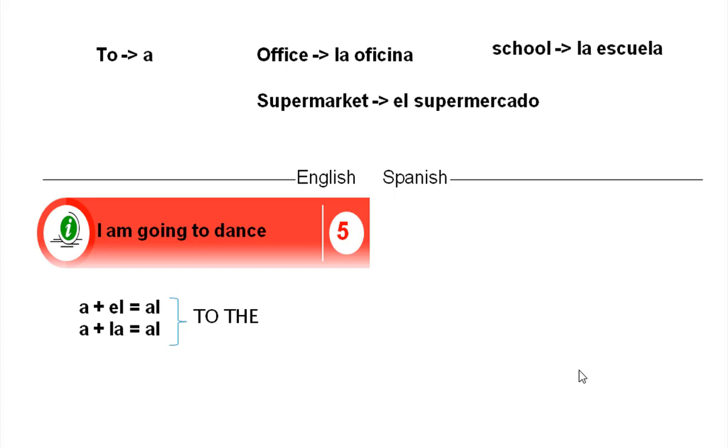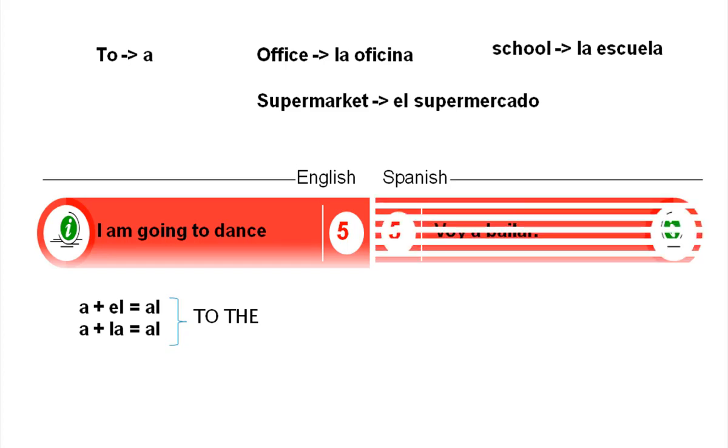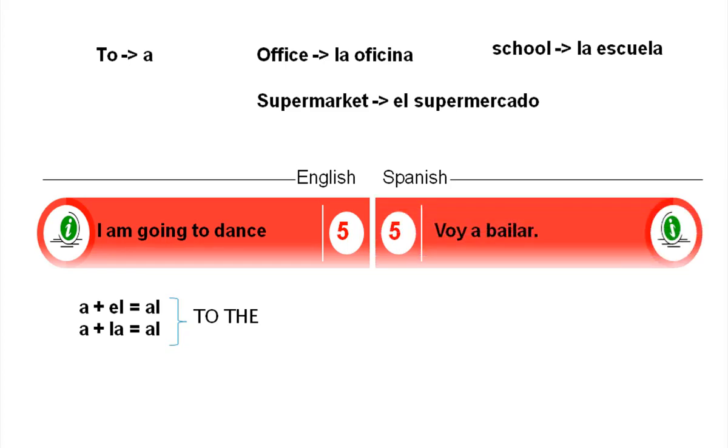Till now whatever we have seen, it's a verb and a noun. We haven't used two verbs together. So how do we do that? Voy a bailar, which means I am going, voy. To is a, and then we just use the verb, bailar, actual verb. We don't use any of the conjugations. So, voy a bailar, I'm going to dance.